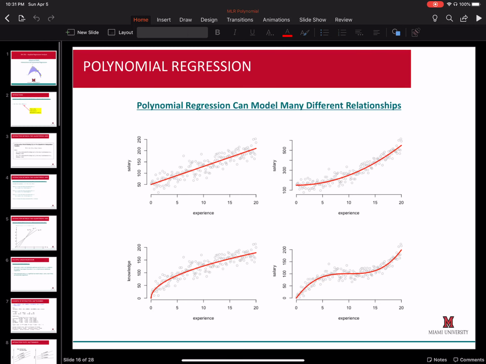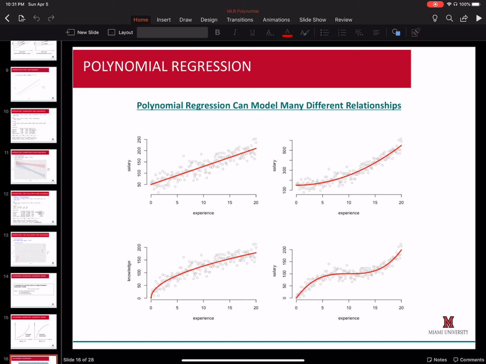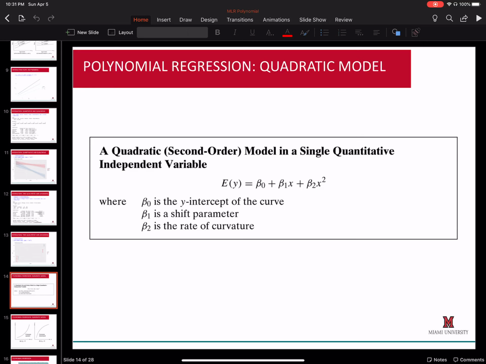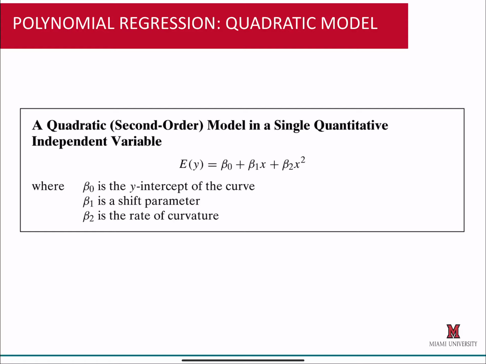We're going to start talking about a different topic now, and that is polynomial regression. Polynomial regression, and specifically a quadratic model, are very useful in describing a relationship that is not linear.